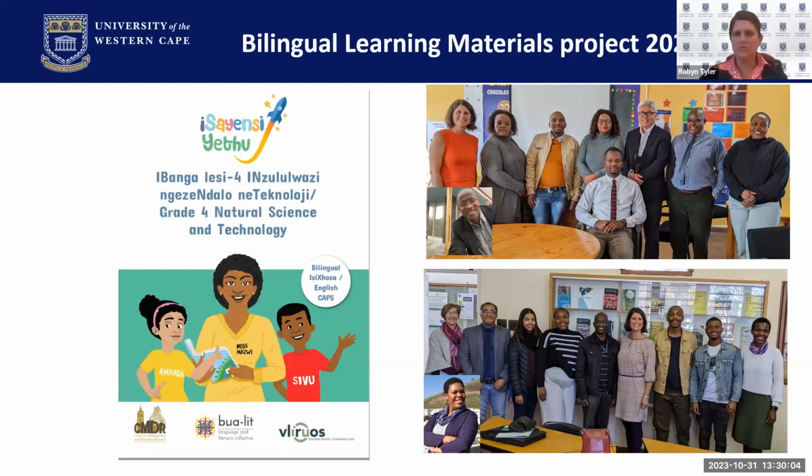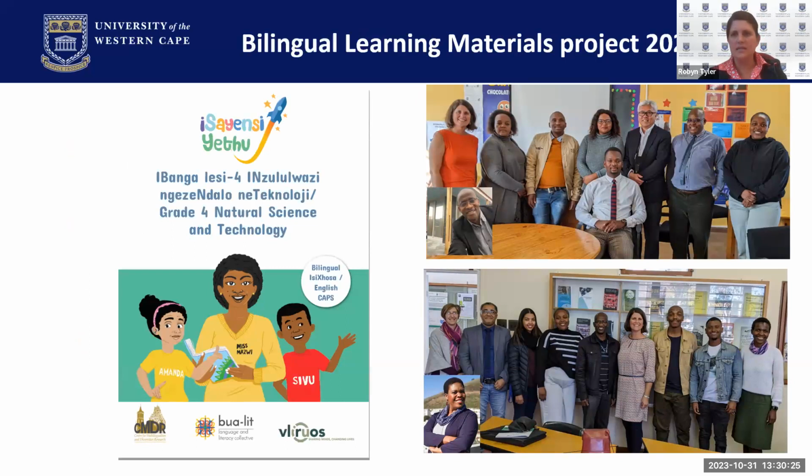So the project that is registered at UWC is a 3-year or 4-year project. What you see on your screen is a picture of the front cover of the bilingual materials that we created for grade 4 science that are written in isiXhosa and English. I'll give you a better sense of what that looks like in a minute.